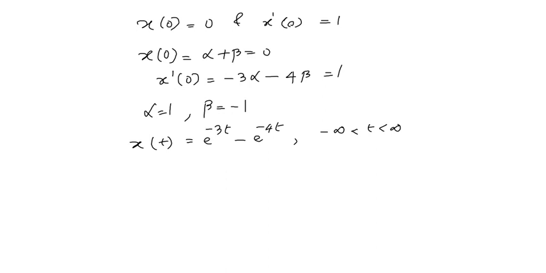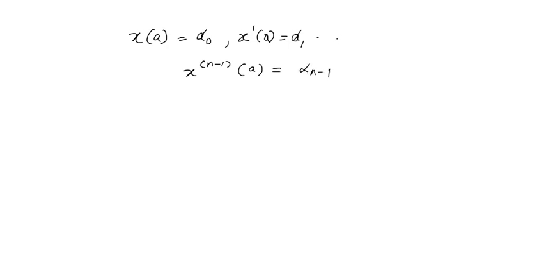So that can be written as x of a is equal to alpha naught, x dash of a is equal to alpha 1, and so on, up to x n minus 1 of a is alpha n minus 1 at t is equal to a. These conditions are called initial conditions.